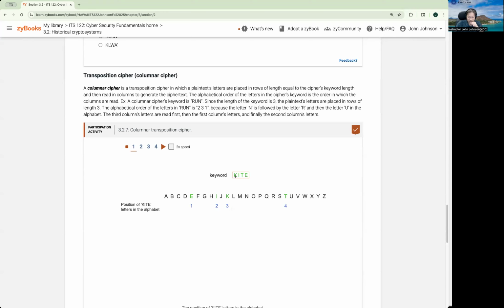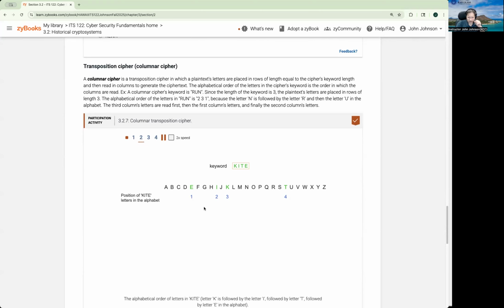But the order of it for us, K aligns with the third letter here. So we're going to have 3. Then the I is going to be 1. Then the T is going to be 4. And then the E is, wait, hold on, I misspoke there. So the K is 3. And then the I is 2. And then the T is 4. And then the E is 1. So we're going to go ahead and look at that.